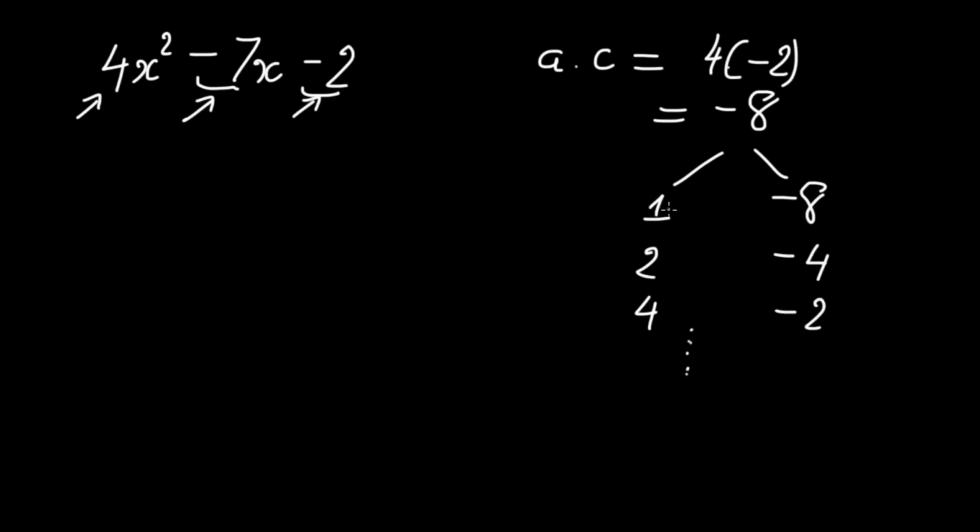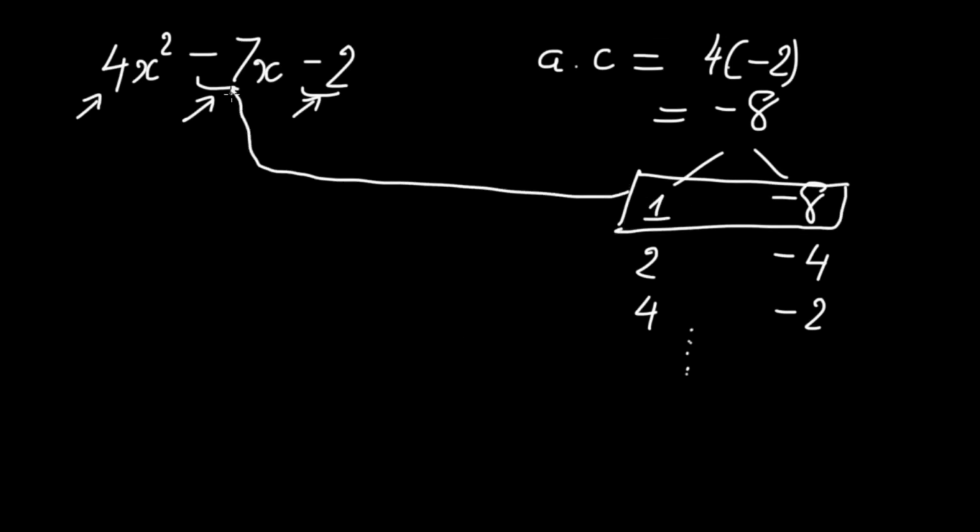We notice 1 and negative 8 add up to negative 7, and this one is b, right? And this one is the one we're looking for. 1 minus 8 equals negative 7, and 1 times negative 8, you get negative 8 right here.